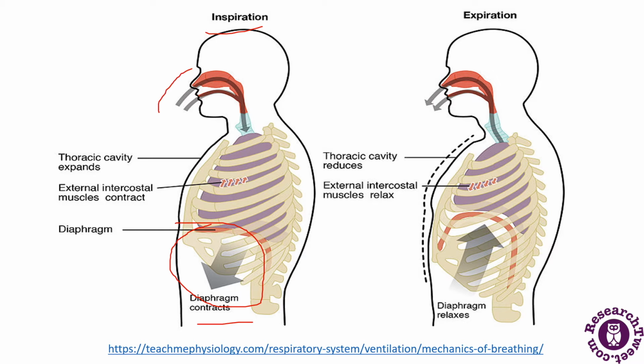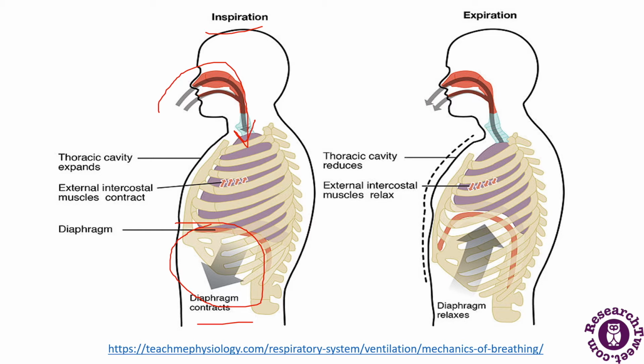Inspiration is the process in which the air is taken in, for example oxygen is taken in, and the diaphragm will contract here. This is the process of inspiration. If we talk about the process of expiration, then the diaphragm here will relax. Breathing out is called expiration, and it is due to the pressure gradient.